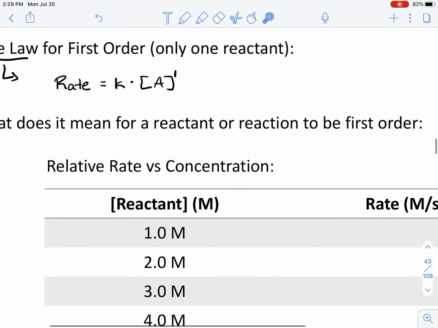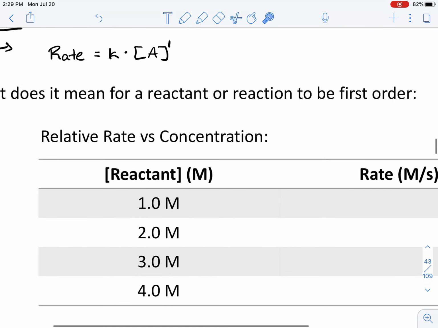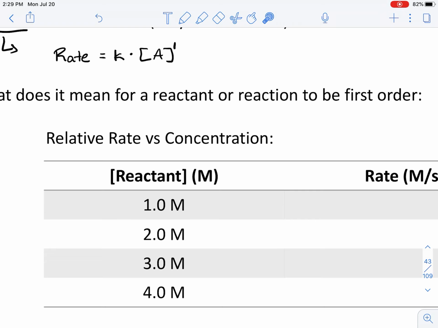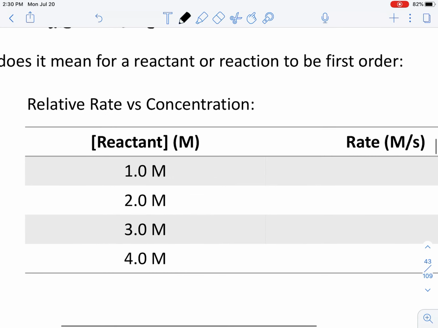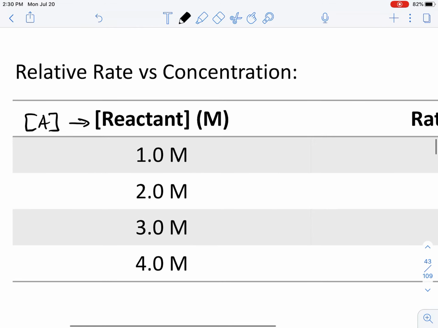The best way to address that question is to look at how the rate of the chemical reaction changes by differing the concentration of the reactant. And so here, if we take this reactant to be reactant A, what would the relative rate of reaction be if the concentration of reactant A is equal to 1.0 molar?